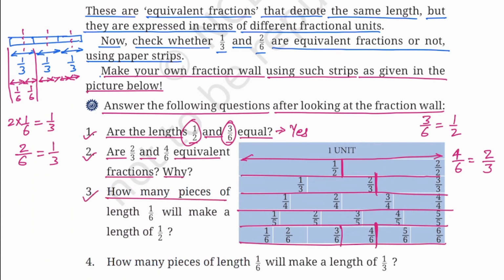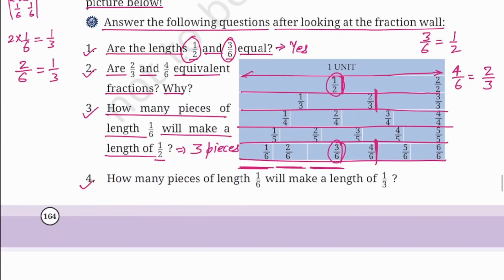3. How many pieces of length 1 upon 6 will make a length of 1 upon 2? 1, 2, 3. You can see 3 upon 6 is equal to 1 upon 2. So 3 times 1 upon 6. 3 pieces. 4. How many pieces of length 1 upon 6 will make a length of 1 upon 3?